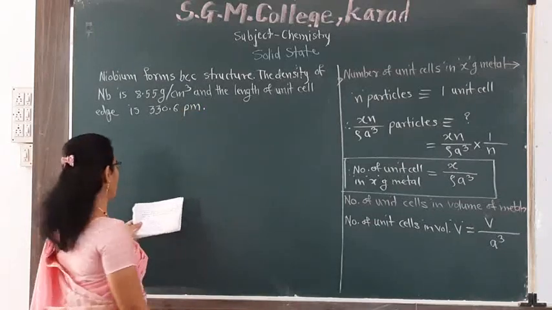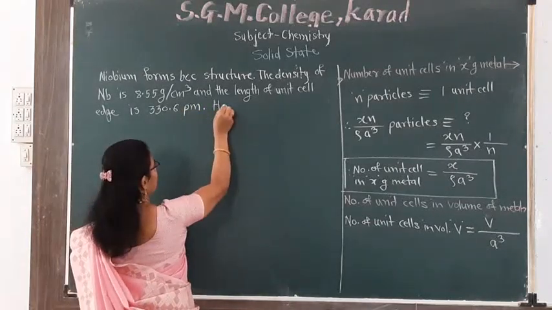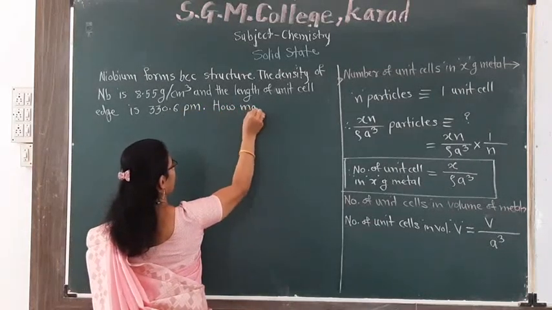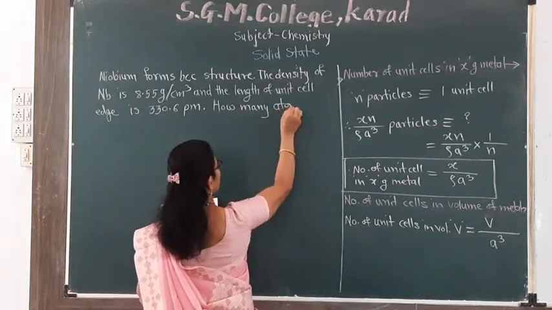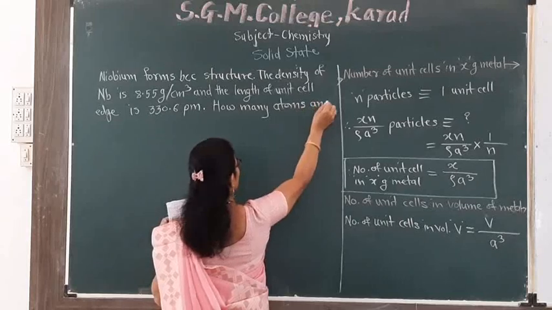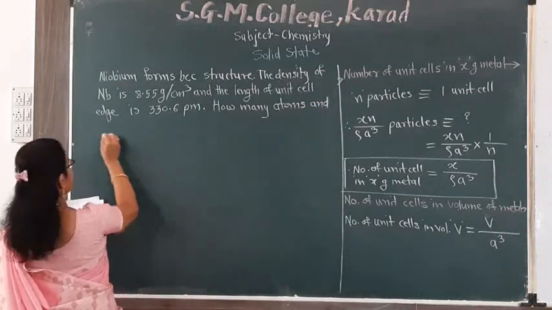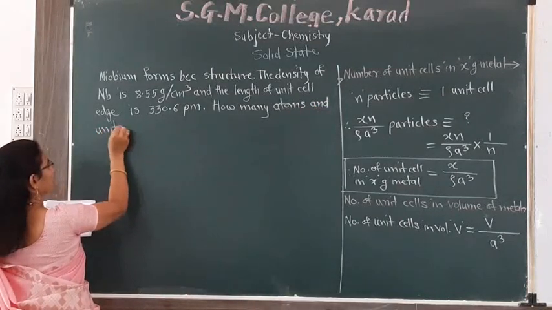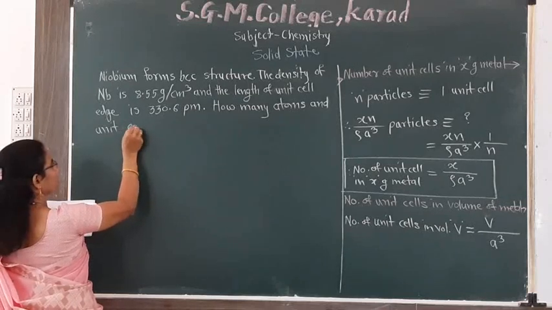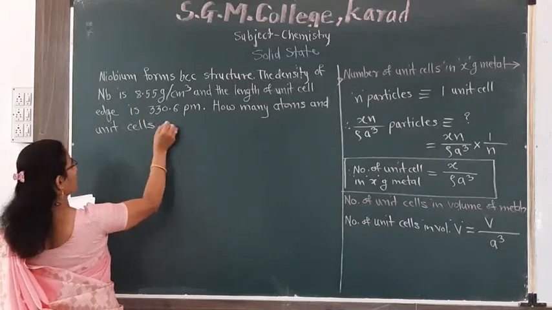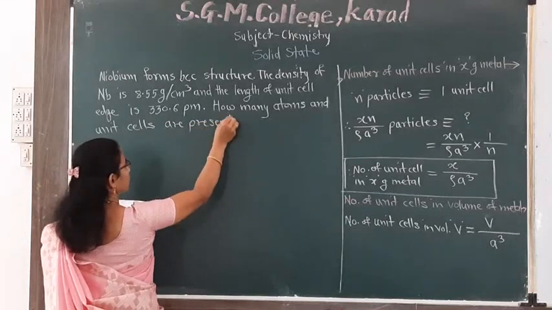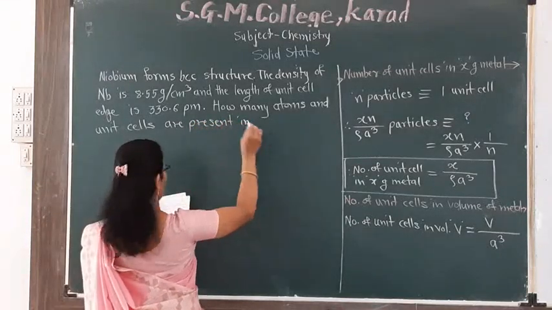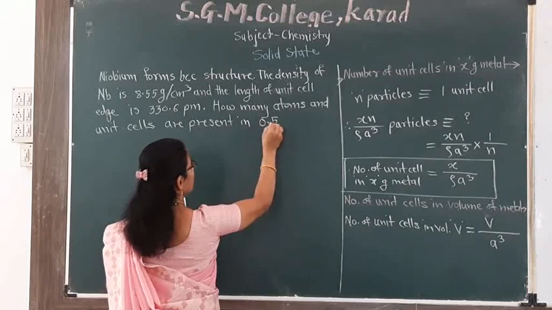Now the question asked is, how many atoms and unit cells are present in 0.5 gram niobium?